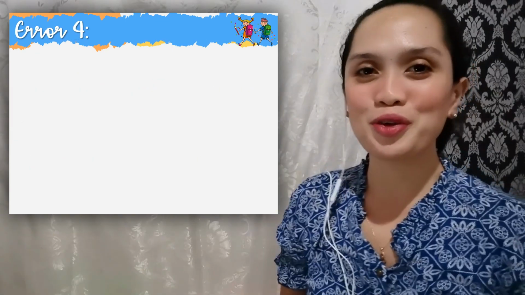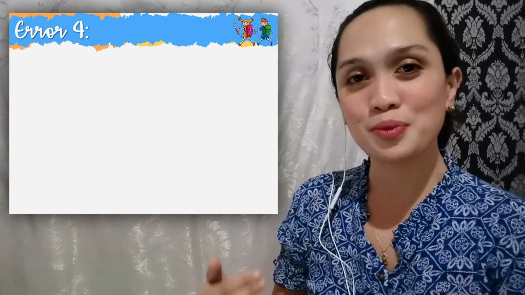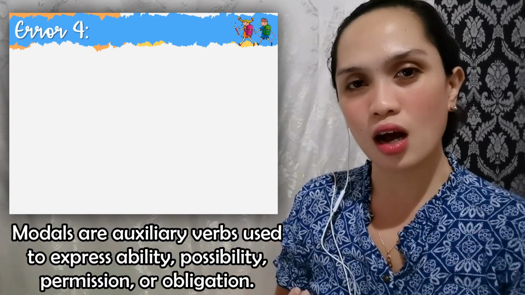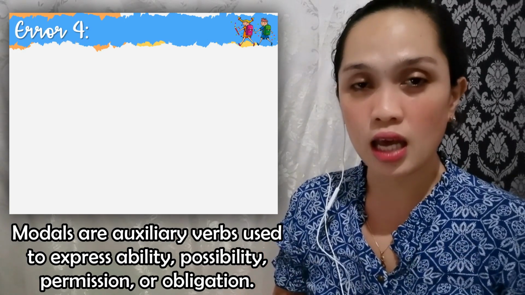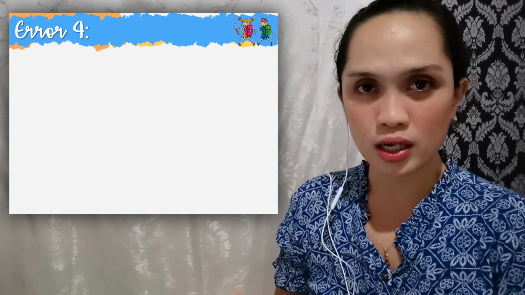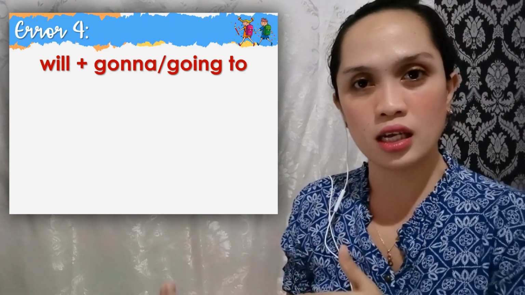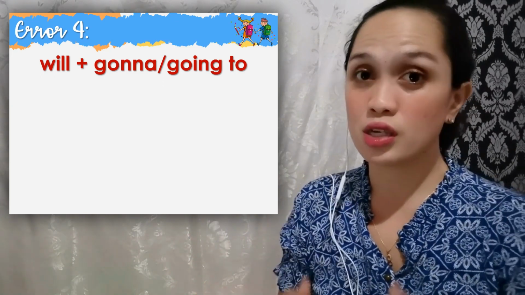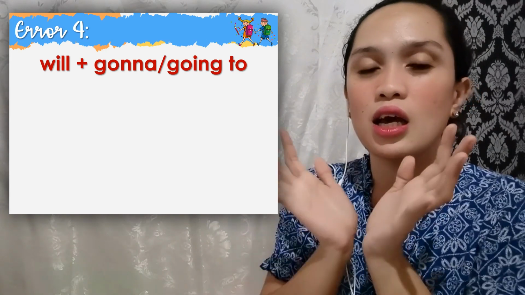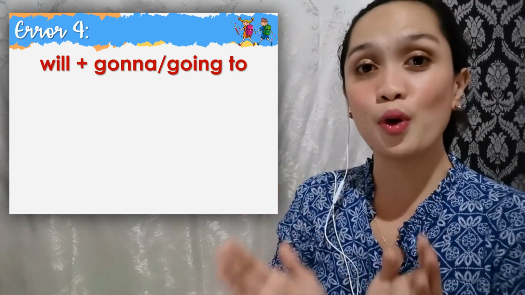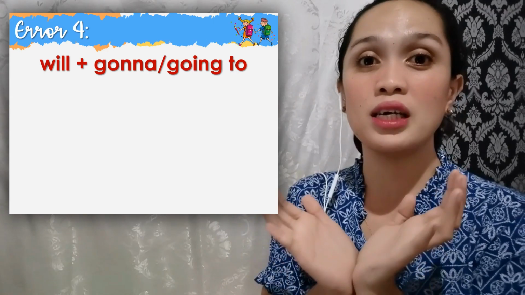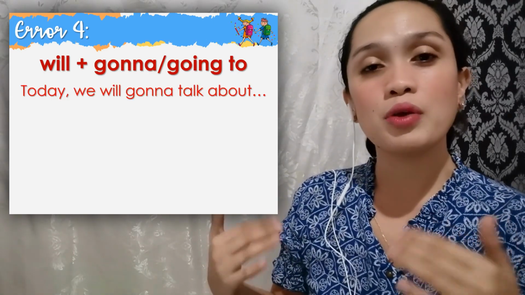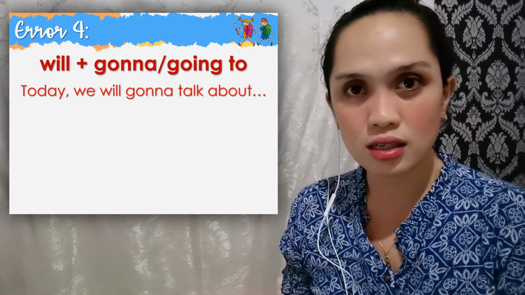So the fourth error we will be discussing in this video has something to do with modal auxiliary verbs. And those modals are will and going to, or gonna if it's an informal setting. So what people usually do, which is erroneous, is they use both modals at the same time. For example, we say, today we will gonna talk about.